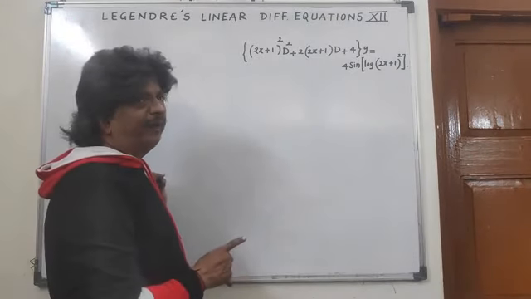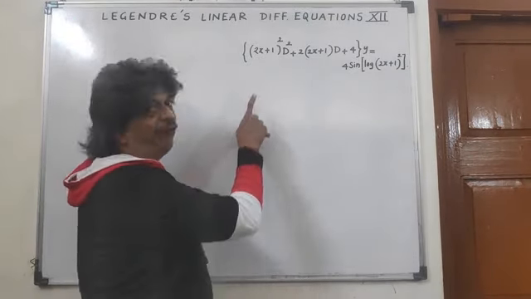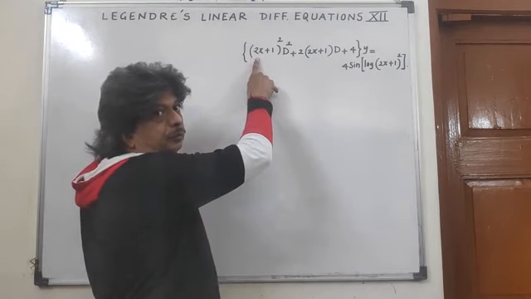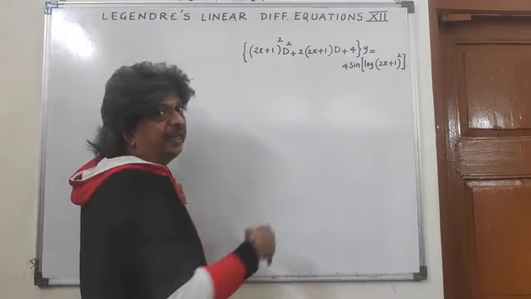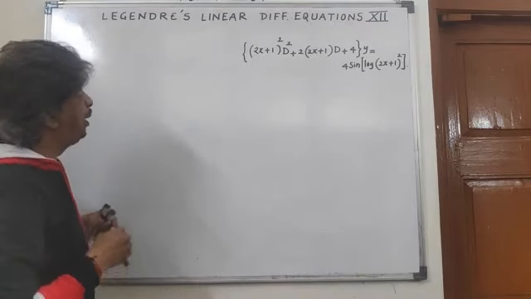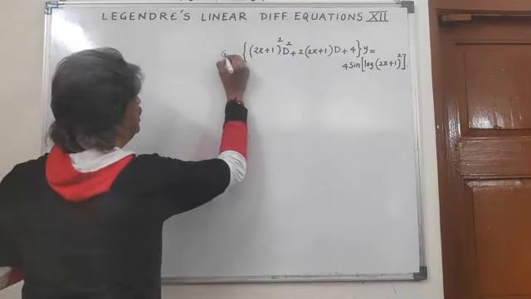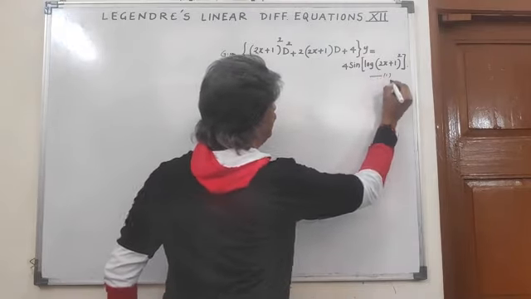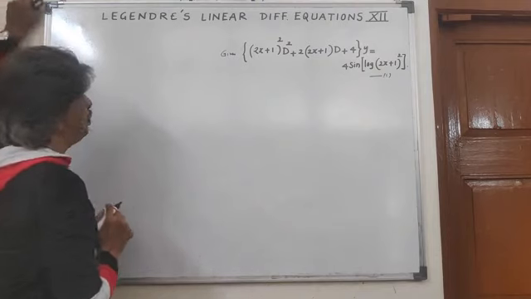So here we obviously see that instead of ax plus b, it is 2x plus 1. So it is Legendre's linear differential equation. So it is the given differential equation number 1. I will write the solution part here. Solution.